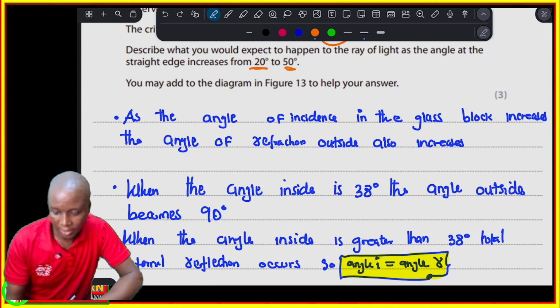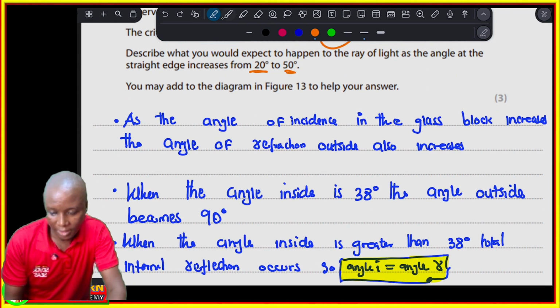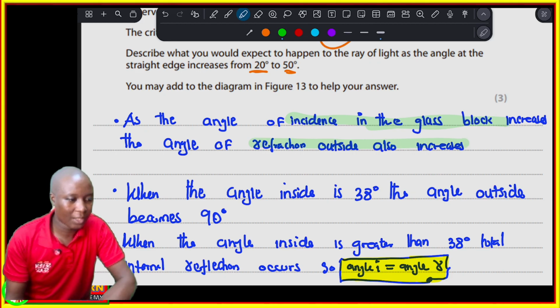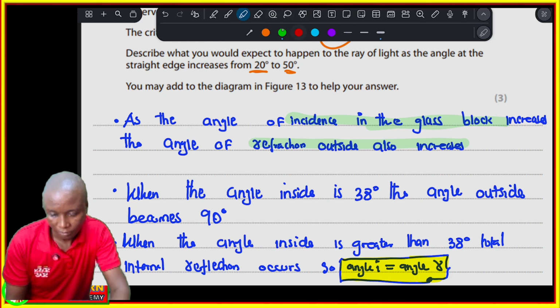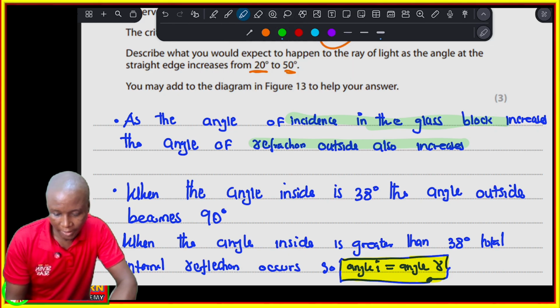We're going to say, as the angle of incidence in the glass block increases, the angle of refraction outside the glass block also increases. When the angle of incidence is 38, the angle outside the glass block will be 90 degrees.